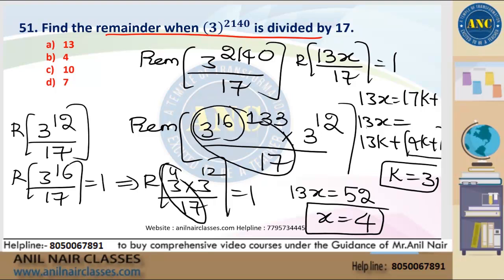So 13x divided by 17 is 1. 13x is 17k plus 1. 13x is 13k plus 4k plus 1.